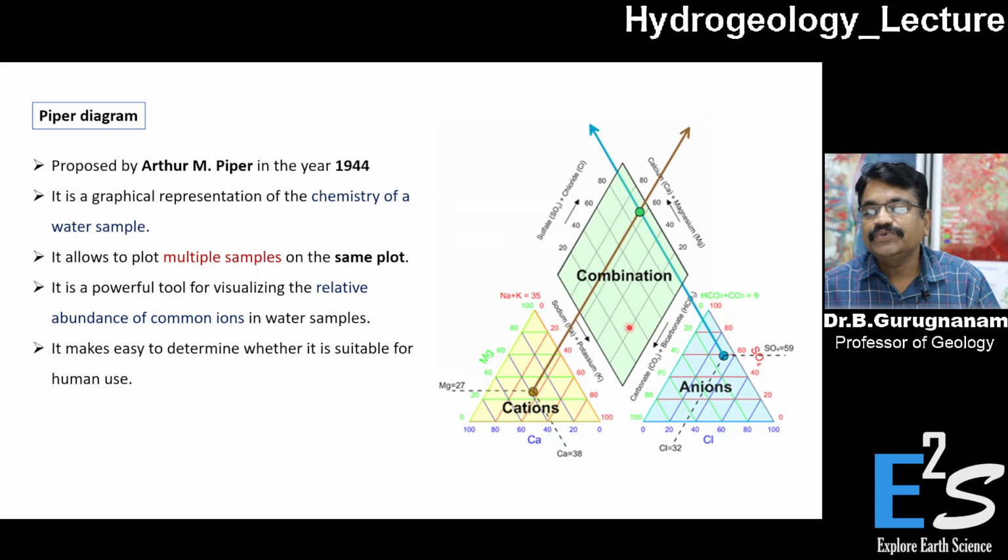So these two are anions and these two are cations. If my sample result is magnesium 27, calcium 38, sodium and potassium 43, and for the anions chloride 32, SO4 59, and carbonate plus bicarbonate maybe around 8 or 9.